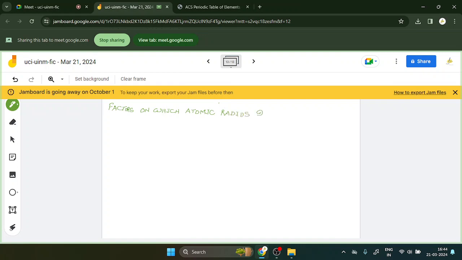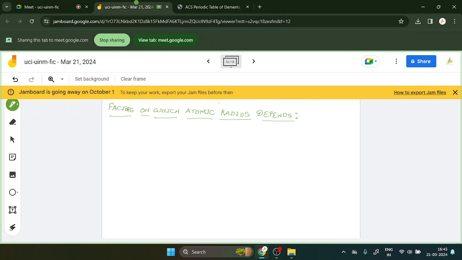Can you tell me what are the factors? Number of shells. Very good. Larger the number of shells, more will be the atomic radius, right? Because the distance will be increased from the center of the nucleus. This means that an increase in the number of shells increases the size of an atom, because the distance between the outermost shell and the nucleus increases. Clear?